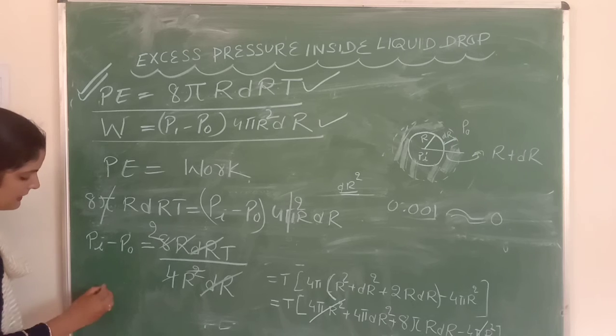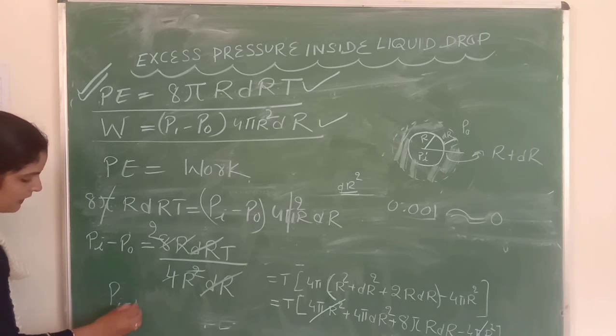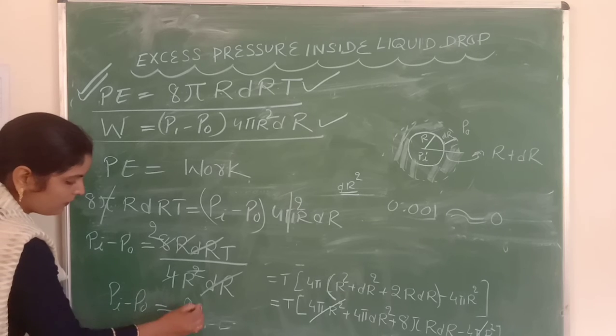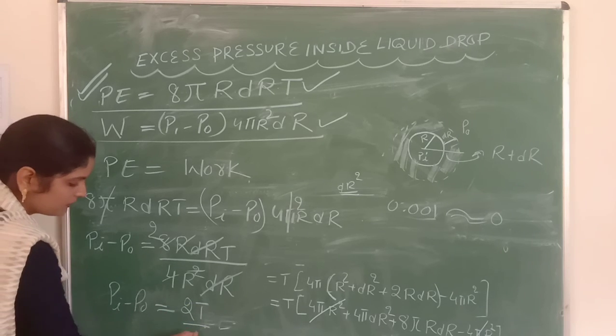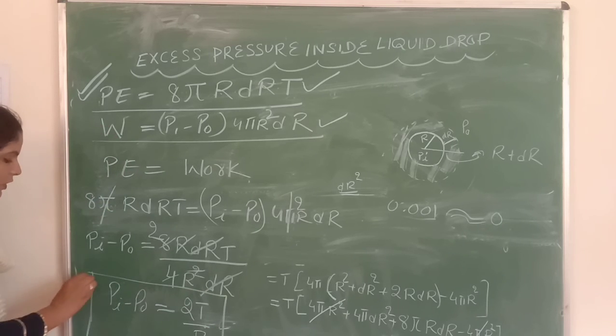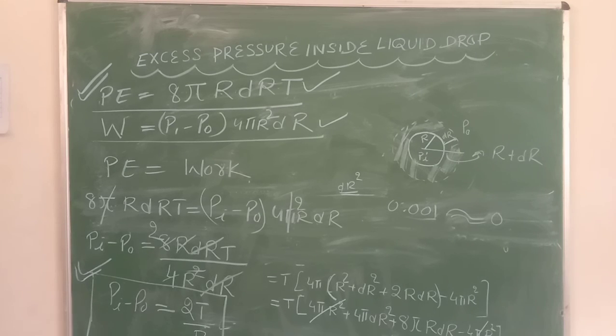One r will cancel out. So Pi minus Po equals 2T upon R. So students, this is the expression for excess pressure inside a liquid drop.